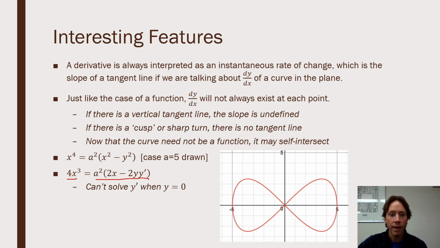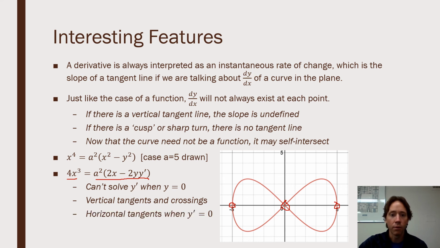And realize that if y equals 0, then we can't solve for y prime. So we've got 3 points on the curve where y equals 0, and when x is a or minus a, that's a vertical tangent line. And when x is 0, we've got the self-intersection of the curve. So there's no kind of tangent line when there's two lines crossing each other.